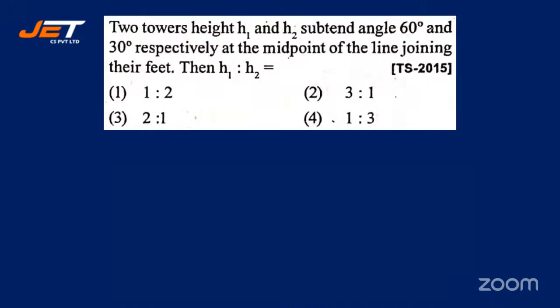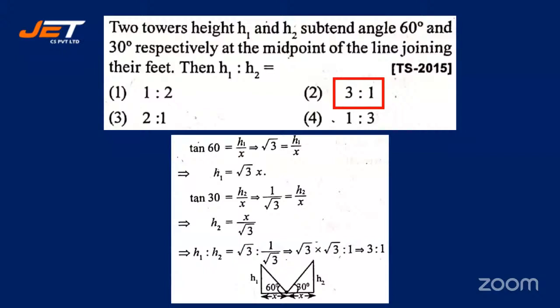See the next question. Two towers of height h1 and h2 subtend angles 60 degrees and 30 degrees respectively at the midpoint of the line joining their feet. Find H1, H2. All right, see here. You can see H1 by X is equal to, what is H1 by X? Tan 60. What is tan 60?